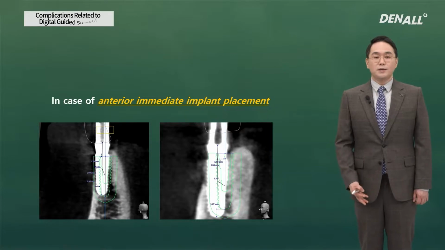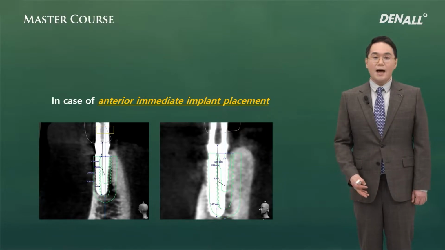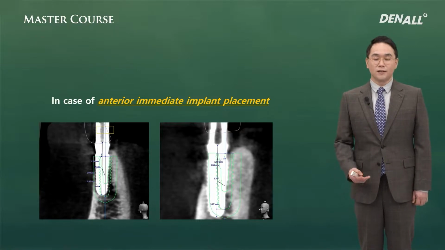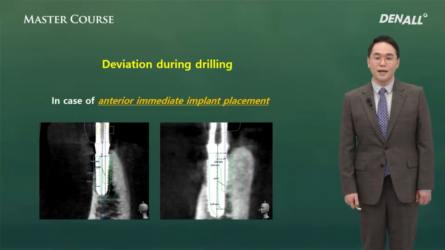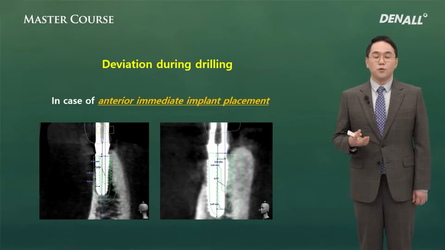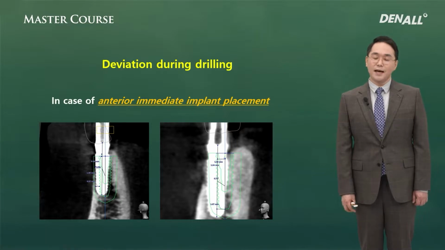In the anterior area, in upper or lower, if you're going to place the implant immediately, there can be deviation in drilling once again. Let's think of the biggest difference between One Guide kit and taper kit.